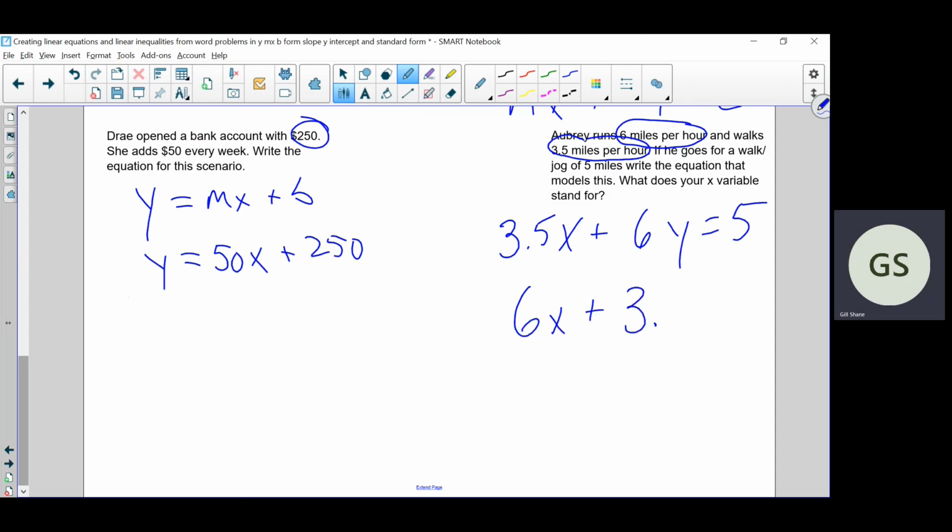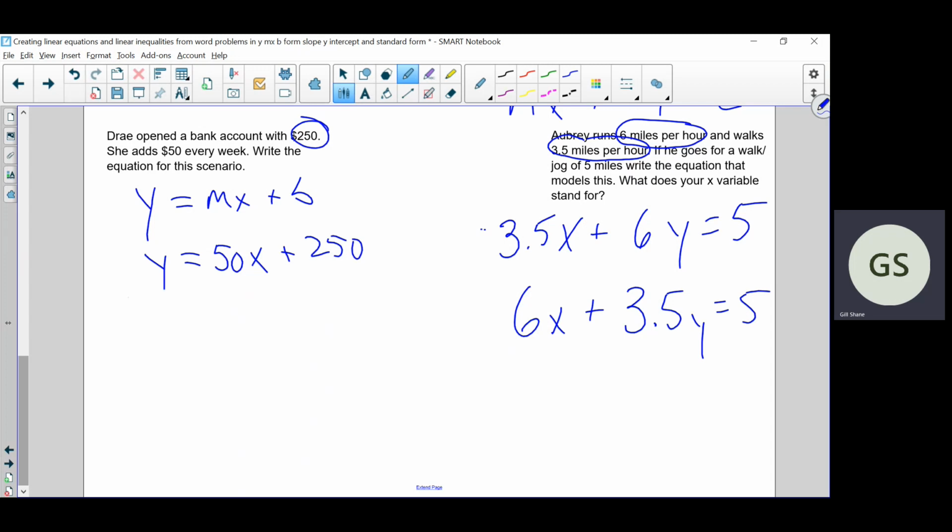How can they both be right? Because I didn't give you what X and Y stand for. So what does that mean when I change the equation? I have to change something else. What's the question I asked you at the end? You have to change what the variable stands for. So what does X stand for in this? What's the X stand for?